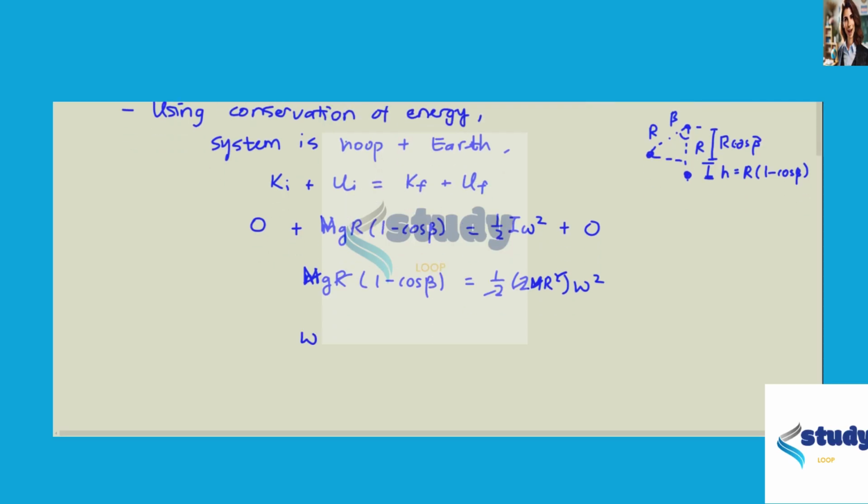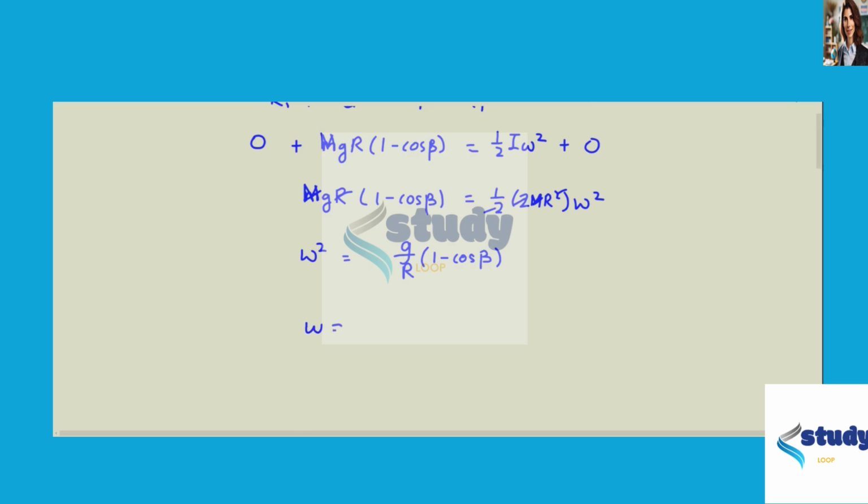So you have omega square equals g over r times (1 minus cosine beta), and so omega is the square root of g times (1 minus cosine beta) divided by r. So this is the answer for this question, and that's all.